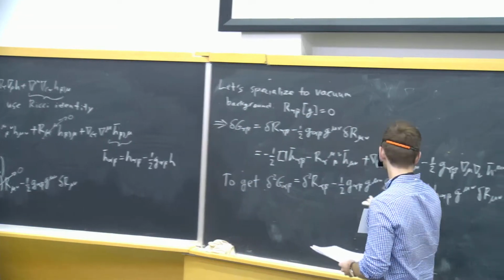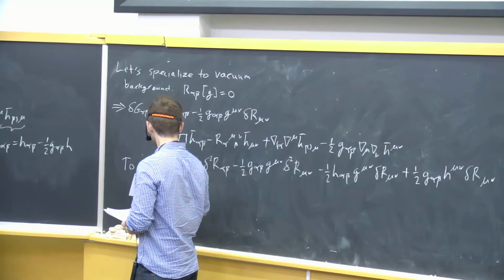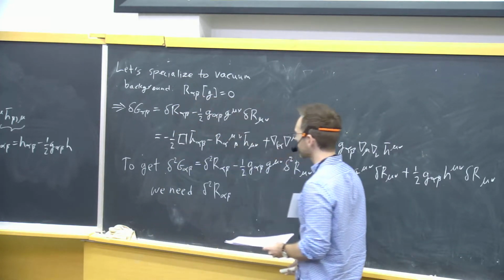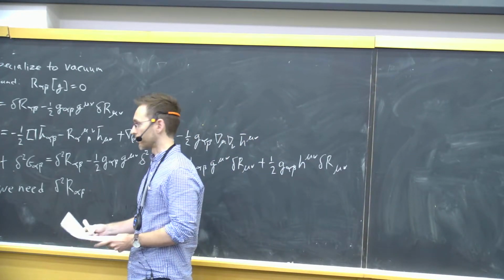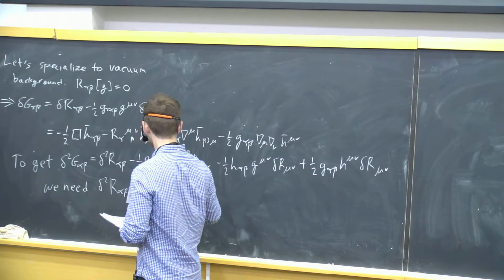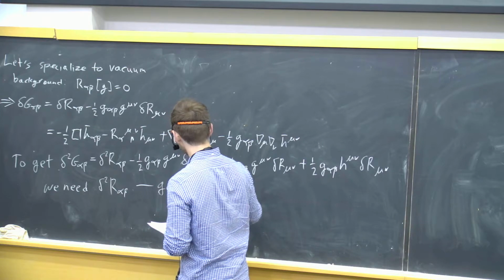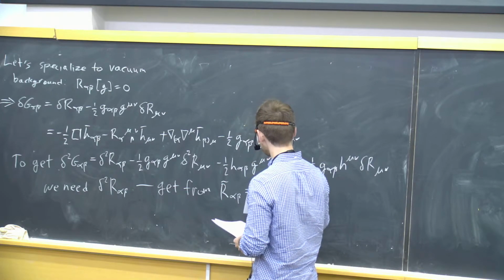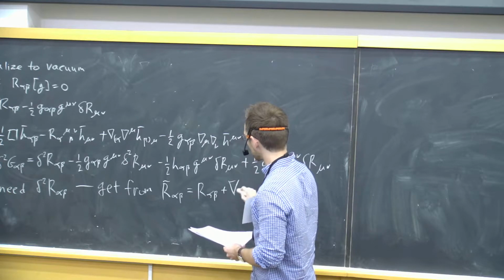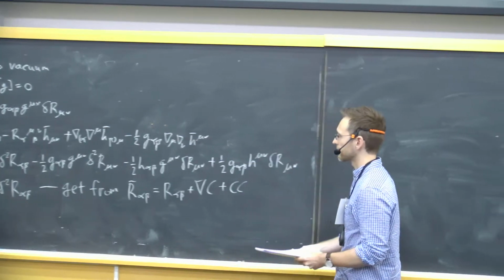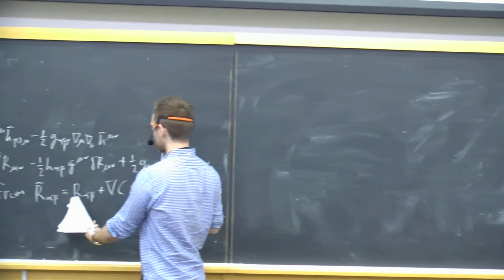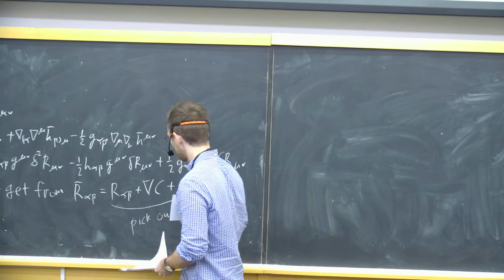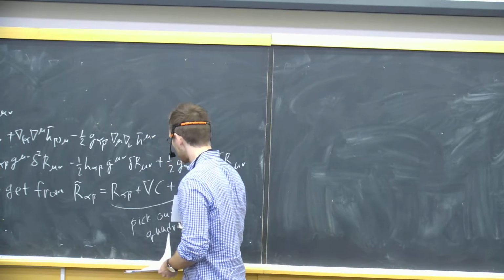So to get the value of this, we need the second variation of the Ricci tensor, and we can get that from the general expression that we had before, that was exact, which was R tilde alpha beta is R alpha beta plus the things I had before, a gradient of C plus things that are square of C. So you just look for the quadratic terms in this expression, the terms that are quadratic in h.